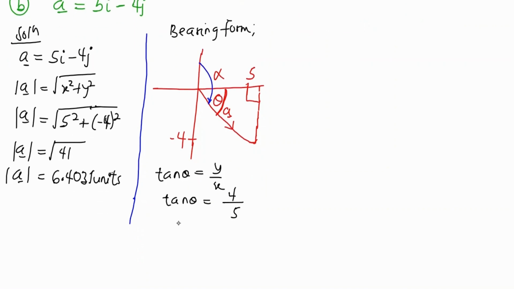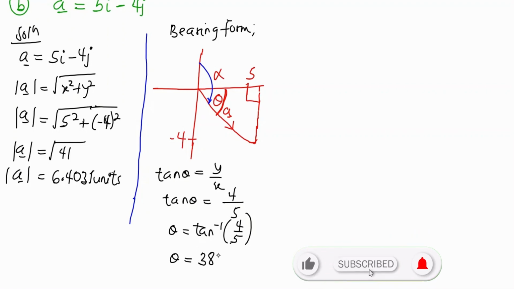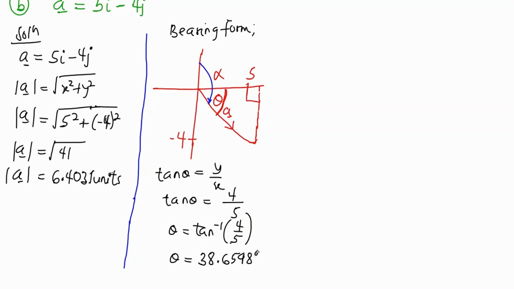So theta is equal to tan inverse of 4 on 5, which is given as 38.6598 degrees.